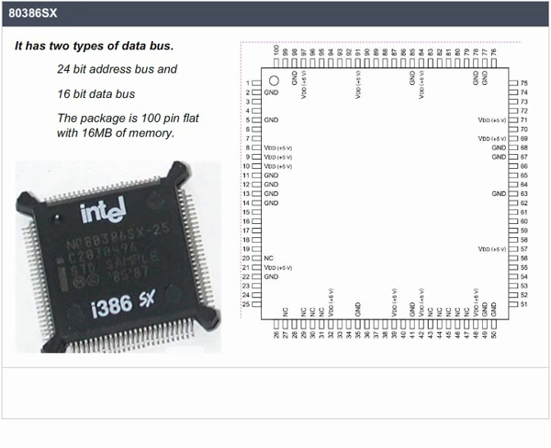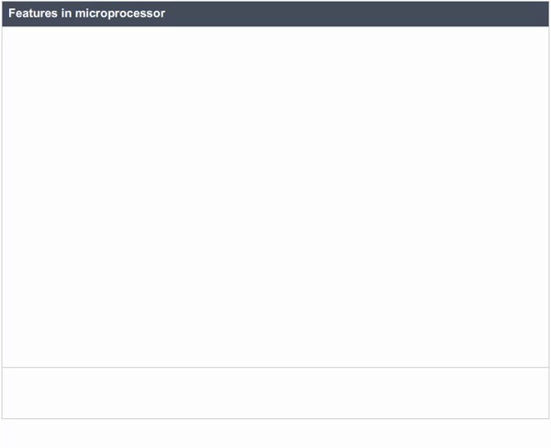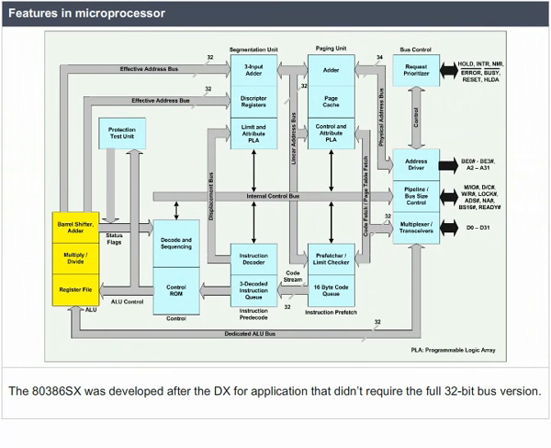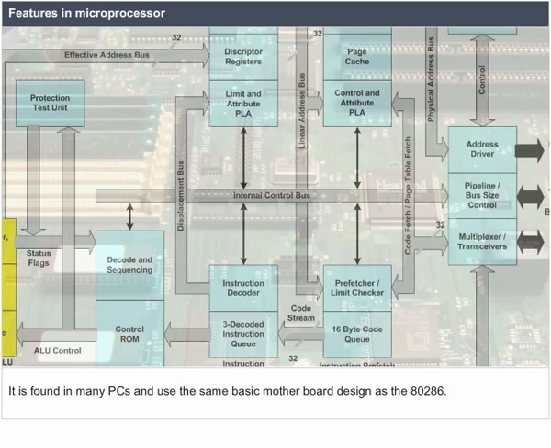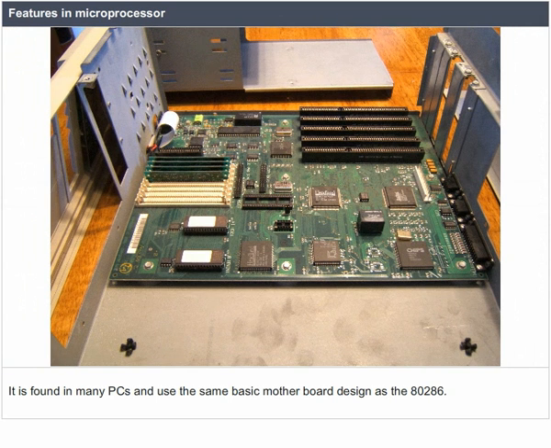The 80386SX was developed after the DX for applications that didn't require the full 32-bit bus version. It is found on many PCs and uses the same basic motherboard design as the 80286. Most applications require less than 16 MB of memory.